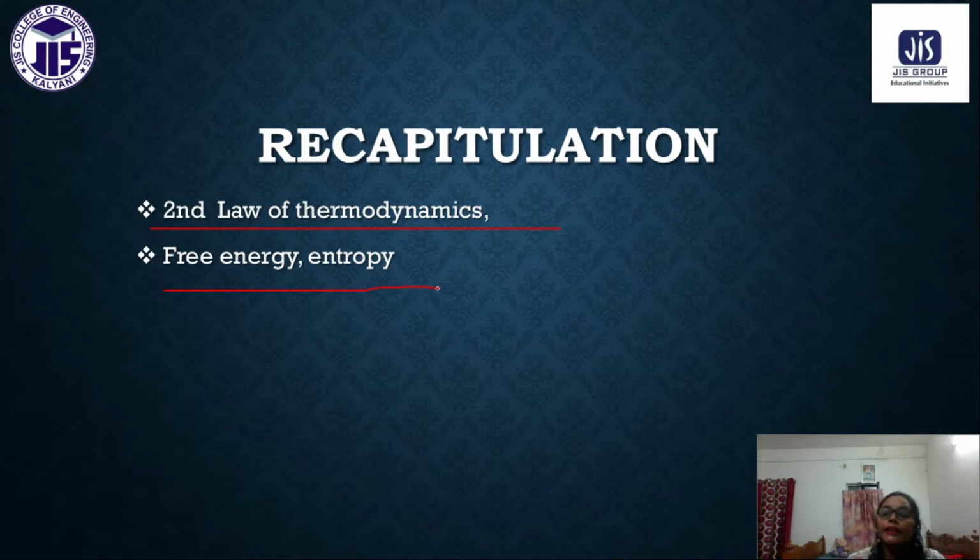And if it is converted into the gaseous state, all the molecules are moving randomly. The intermolecular attraction force is very weak, so all the particles will move randomly. So for the gaseous molecule, the entropy will be higher.